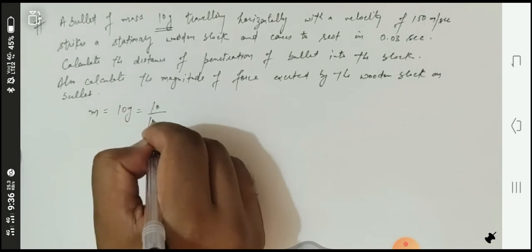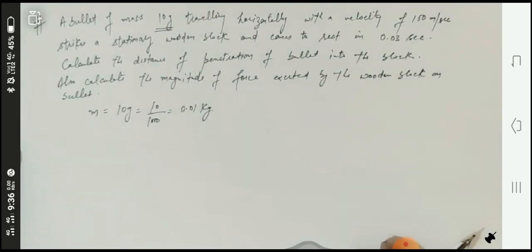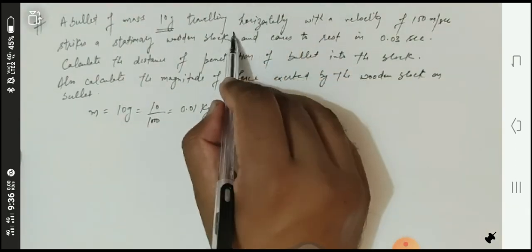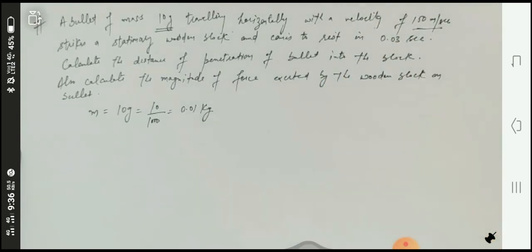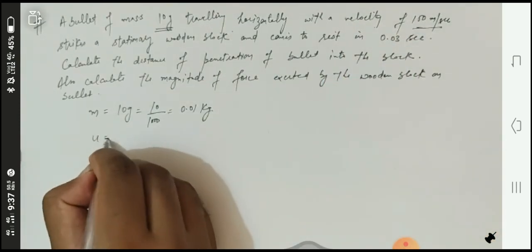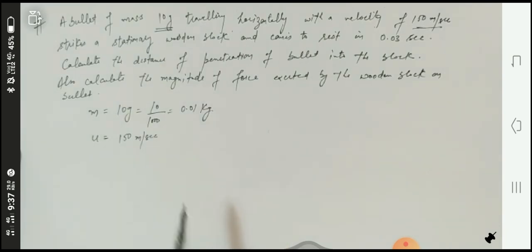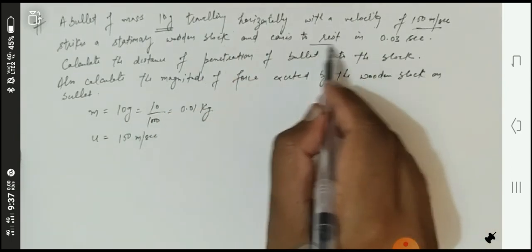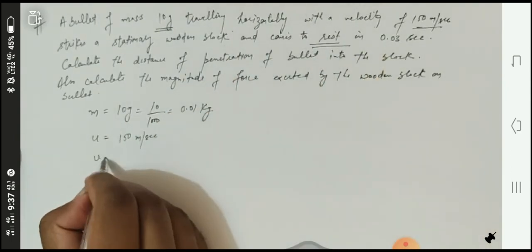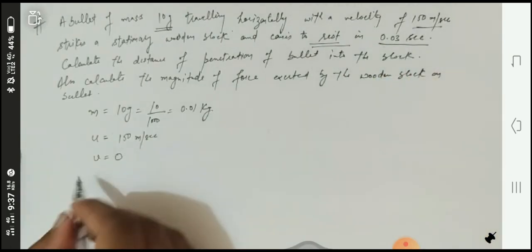So according to the question, a bullet of mass 10 gram means 10 upon 1000, 0.01 kilogram. Traveling horizontally with the velocity of 150 meter per second means the initial velocity of the bullet is 150 meter per second. Strikes a stationary wooden block and comes to rest means the final velocity of the bullet becomes 0 in 0.03 seconds.